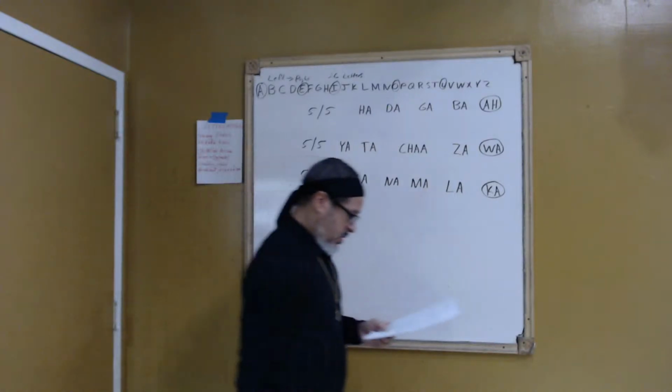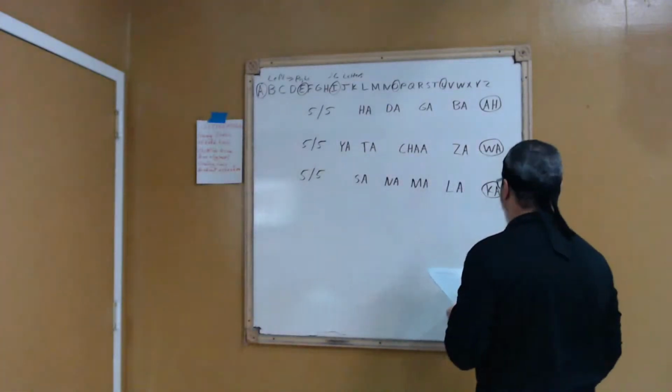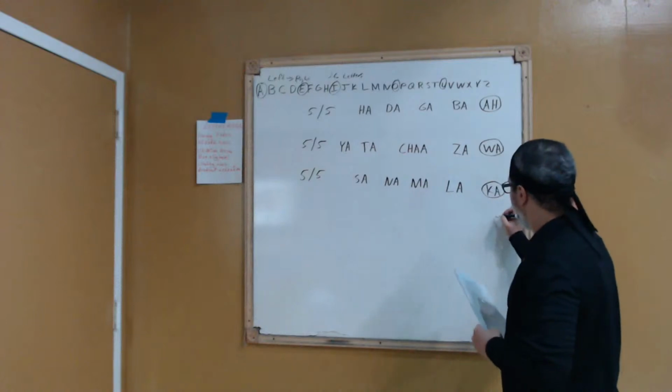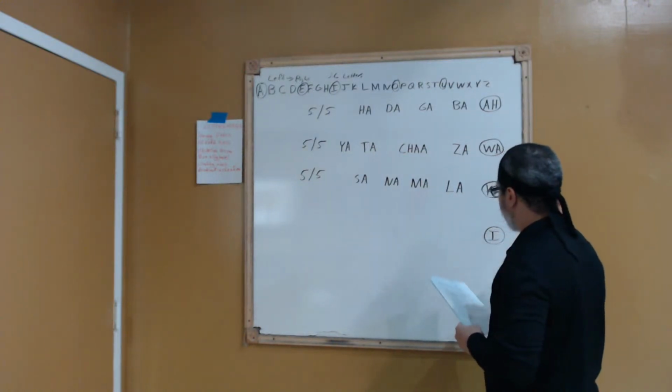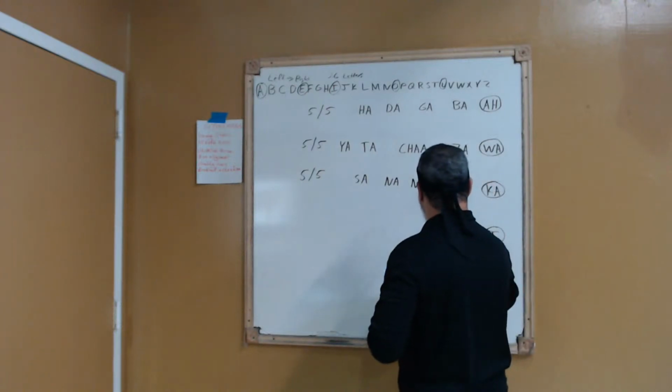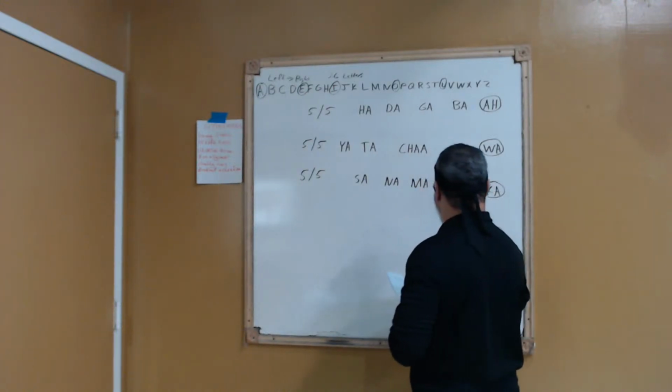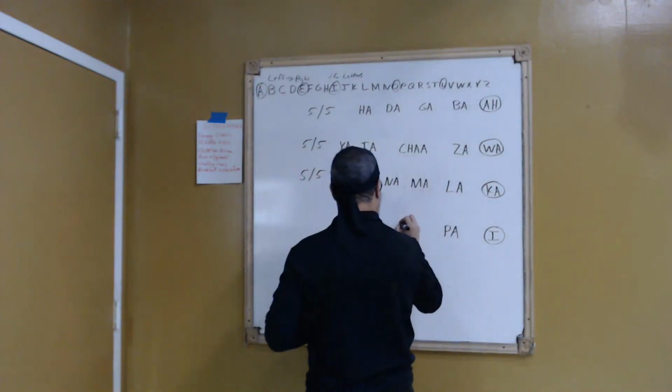Then the next sequence was i, pa, to za.